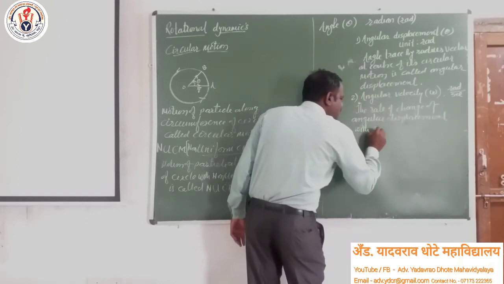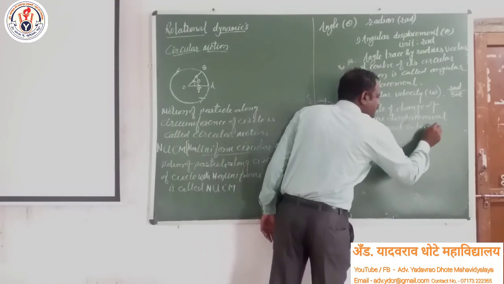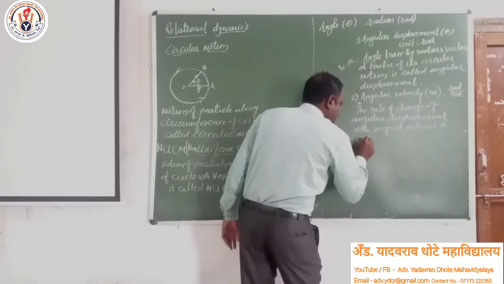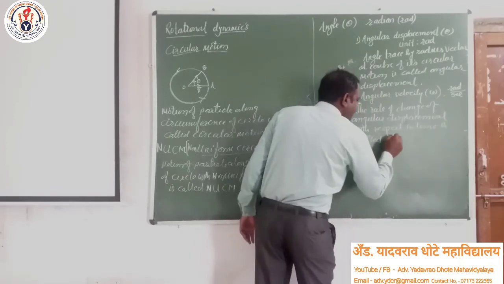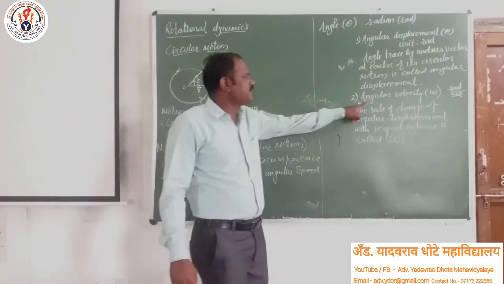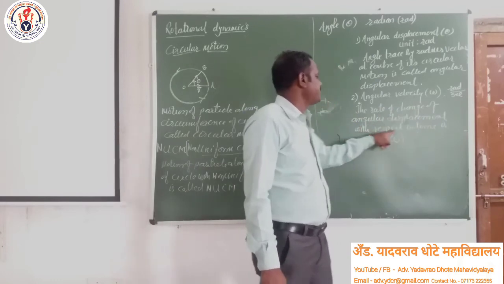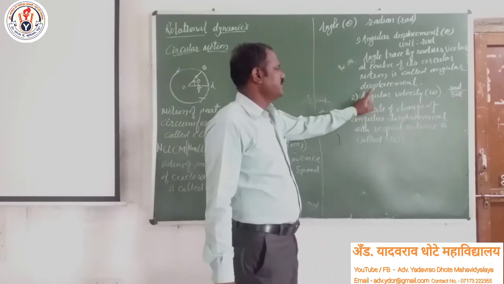with respect to time is called angular velocity, omega. So what is the angular velocity? The rate of change of angular displacement with respect to time is called angular velocity.